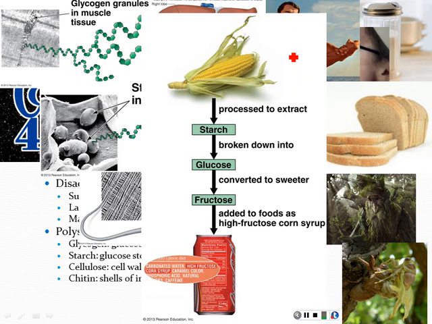And fructose, like I said earlier, is a sweeter sugar than glucose is. And that's why we have high fructose corn syrup in a lot of our products to help us consume more of these. Unfortunately, if we end up consuming more of these, it's going to cause problems with the amount of calorie intake that we have, cavities, and so on and so forth.